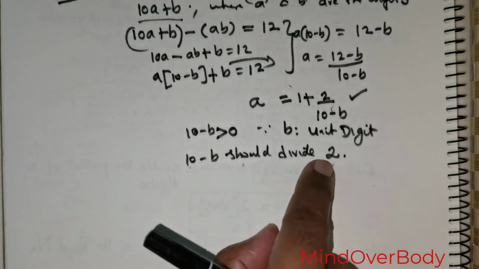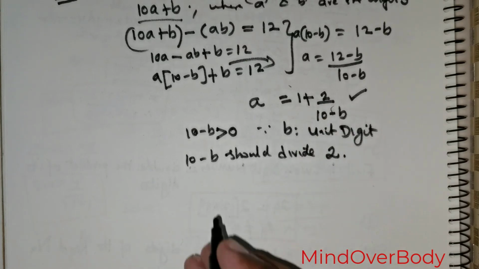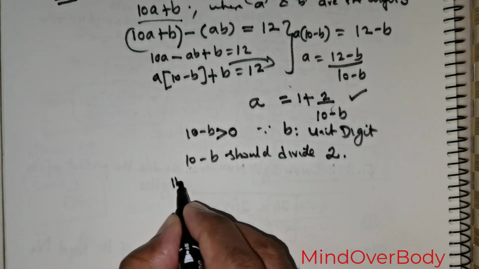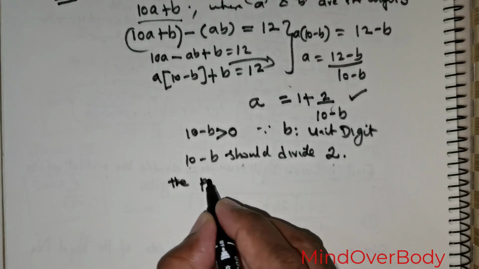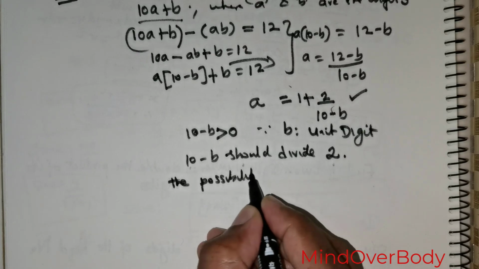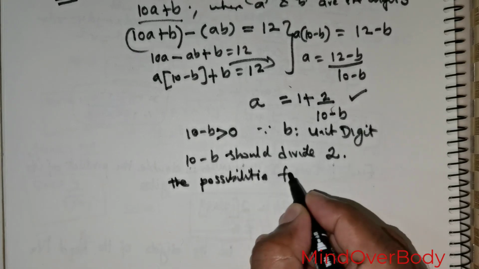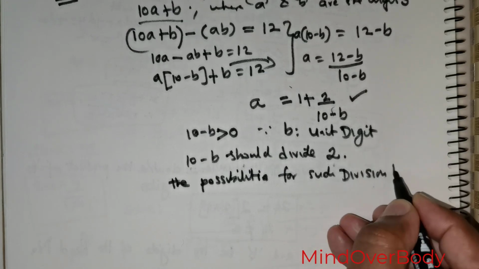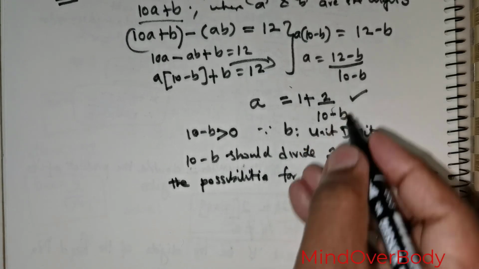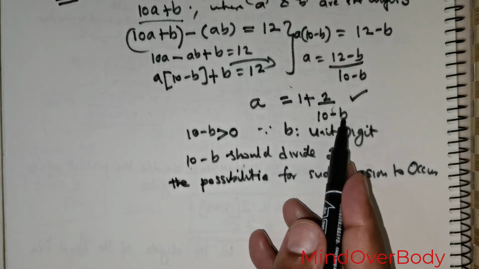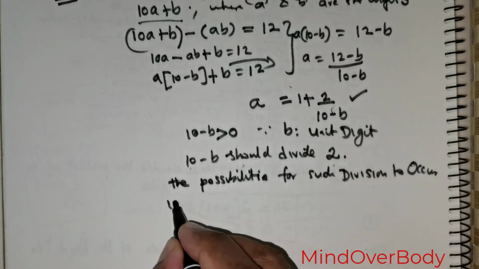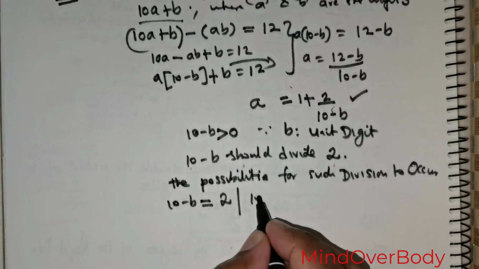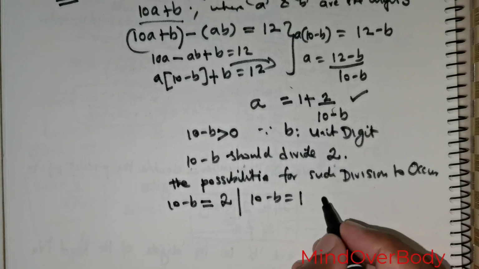Now what is the possibility for 10 - b, if it has to divide 2? What should be the value of b? 10 - b should be equal to 2, or 10 - b should be equal to 1.